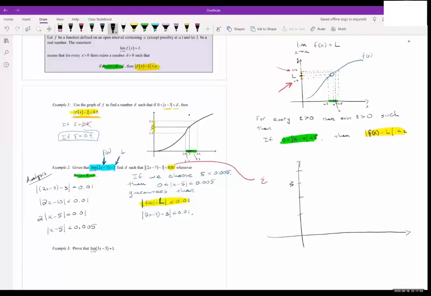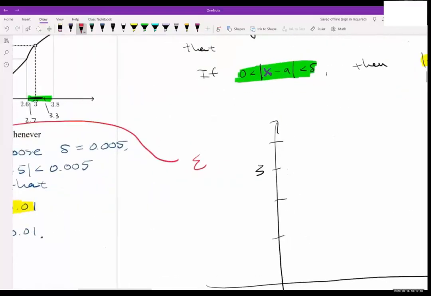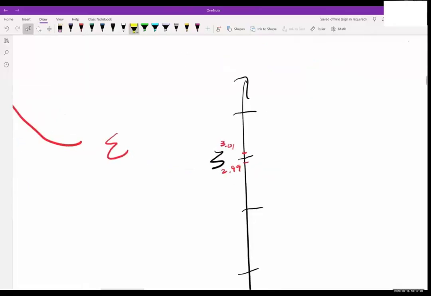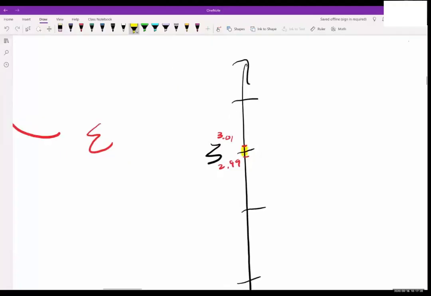That's the limit L. You can see that in the original problem. And the epsilon is 0.01, which means that they're coming in here at 3.01 and 2.99, right? They're going way in there, and we're getting a tiny little yellow region right there, okay?